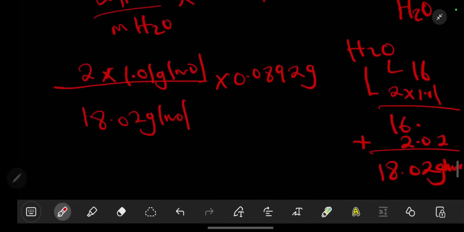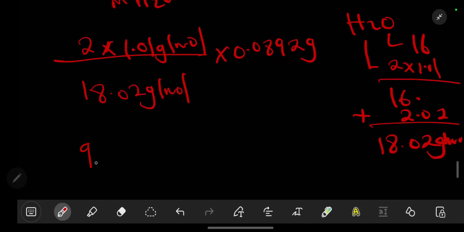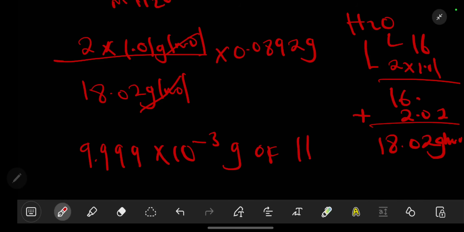So we have 2 times 1.01 divided by 18.02, and when you multiply, you get 9.999 times 10 to the power negative 3 grams. So that is the amount of hydrogen.